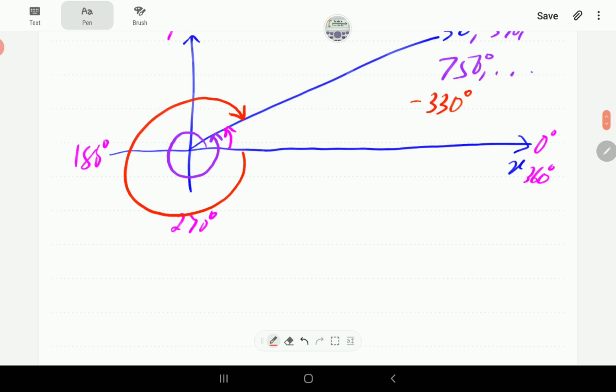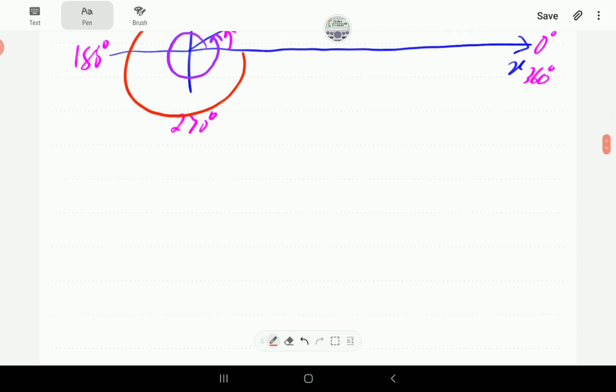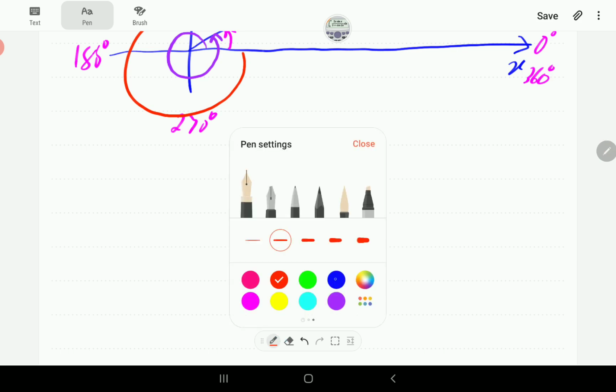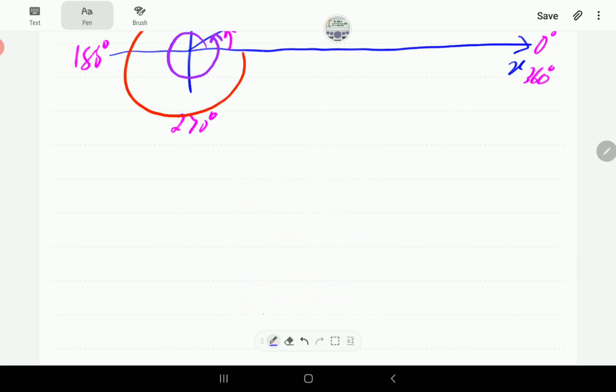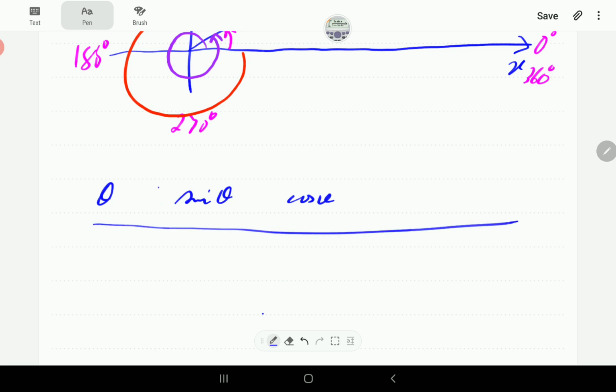Now let's see how they behave in terms of the trigonometric ratios. So I'm just going to set up a table here. In the first column I'm going to have theta, then I'll have sine theta and cosine theta on the other two columns. At this point you can take your calculator out, because we are going to need to use a calculator.